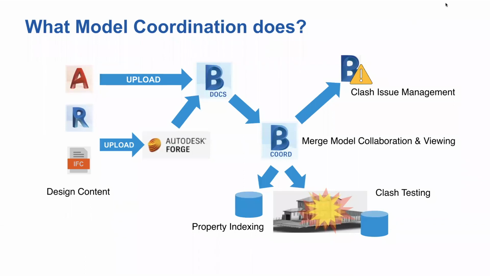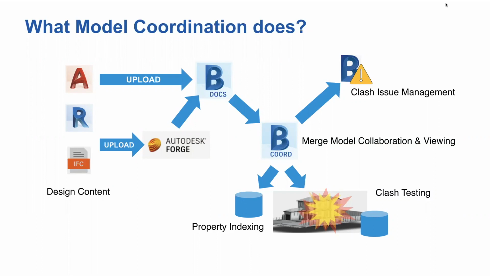First of all, if you are not very familiar with model coordination, I will quickly introduce what it does. Basically, the end user can upload the models and designs to a BIM 360 Docs folder, or by 4G API.